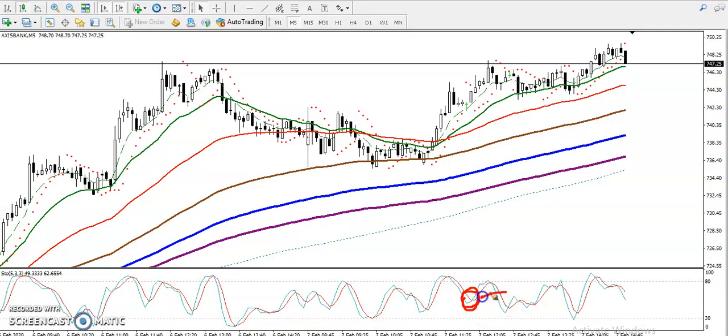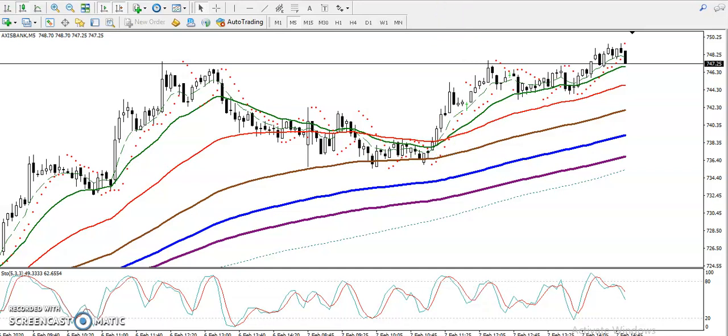This is a buy opportunity, a past buy entry. When the stochastic crosses over, and at that time the parabolic SAR is formed below, or you can say appears below, then we confirm that it is a buy opportunity.